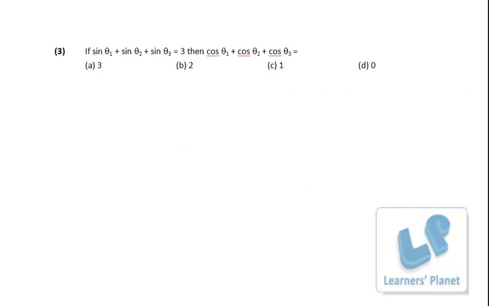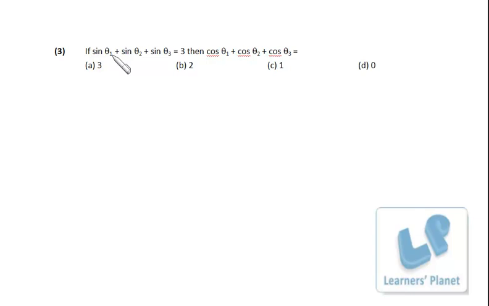Now this problem: sin theta 1 plus sin theta 2 plus sin theta 3 is equal to 3, then cos theta 1 plus cos theta 2 plus cos theta 3 is what? No need to go for any sort of paperwork. The maximum value of sin theta is 1. And that you get when theta is equal to 90 degree or other values also.